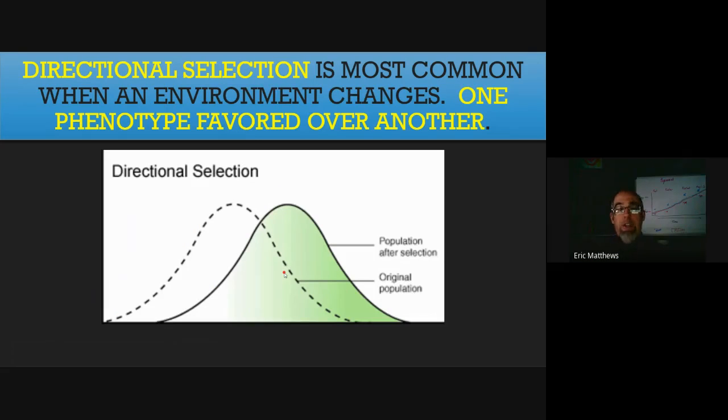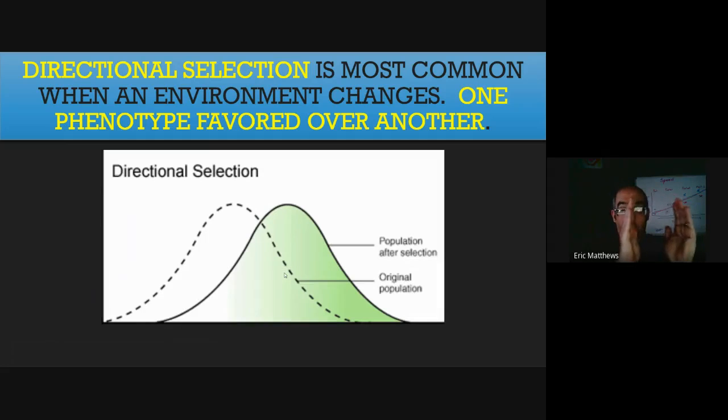This is directional selection. This is the most common form of natural selection. This is the one that you have always thought of every time that you have thought of anything regarding evolution. It's always been directional. It has been a situation where when the environment changes, one phenotype, one set of traits has an advantage where the original phenotype can't keep up.